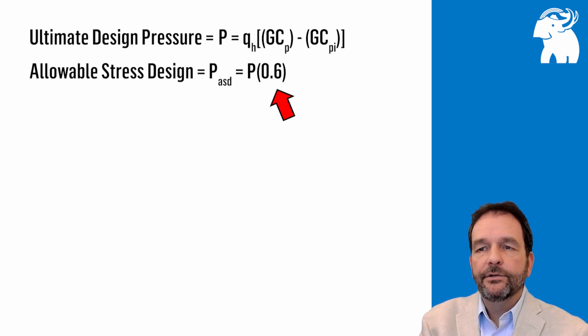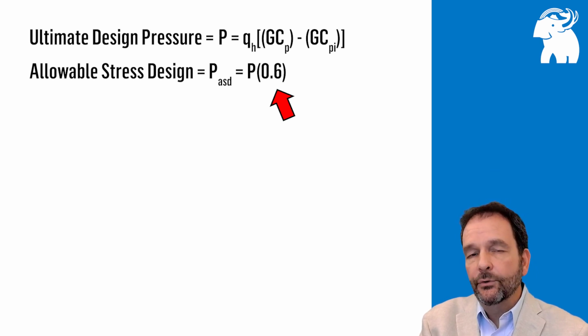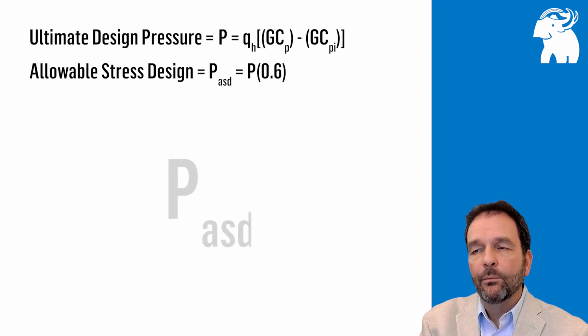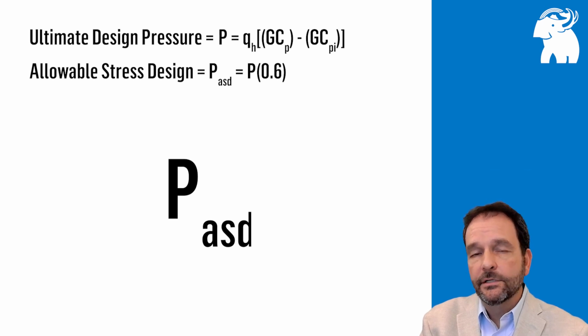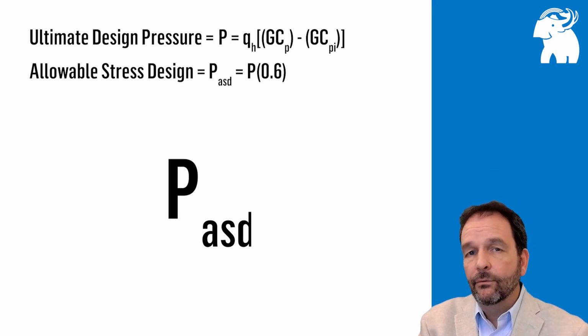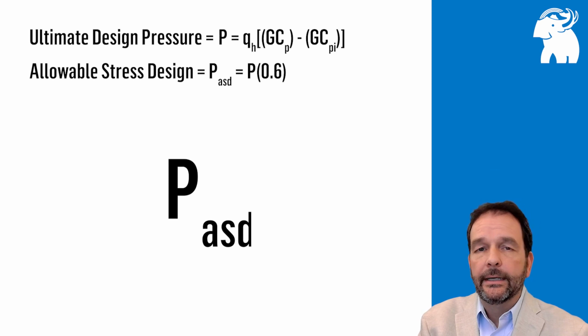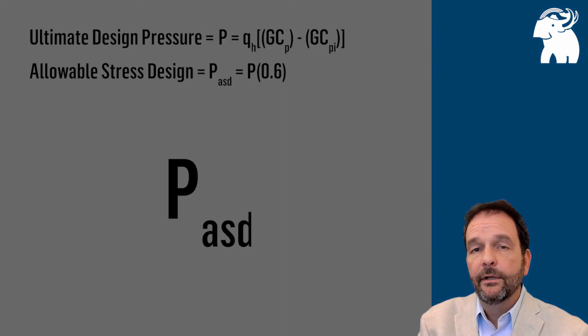So once you calculate your ultimate design pressure, multiply that by 0.6, and you're going to come up with what's called the allowable stress design, or ASD, pressure. That's the design pressure you're going to use to select your roofing system that's been tested by a manufacturer or in a third-party laboratory. And that's going to be what you're going to use to meet the International Building Code and other jurisdictional codes for low-slope roofing.